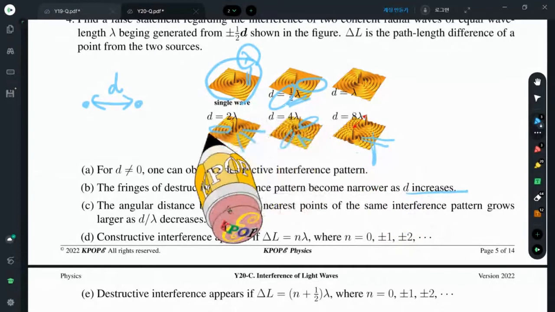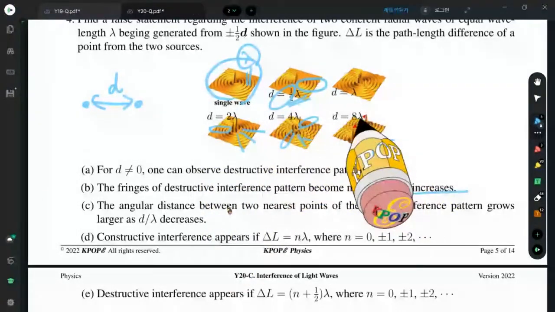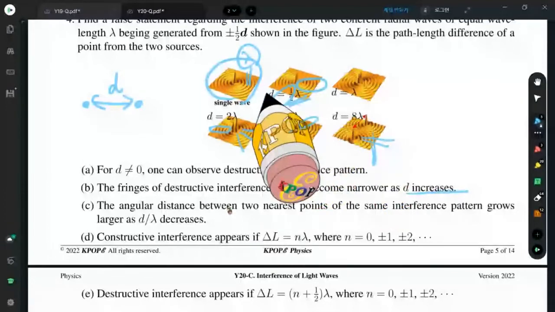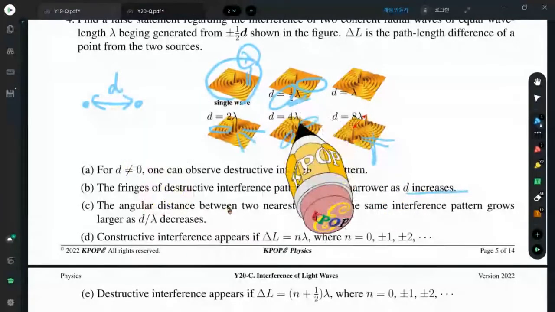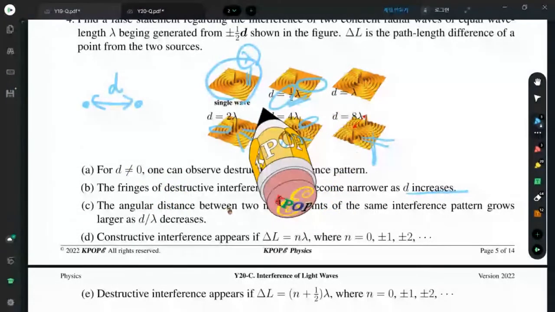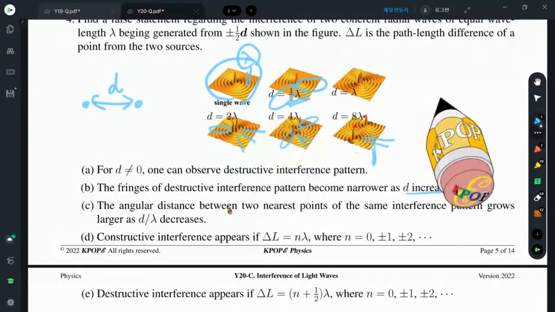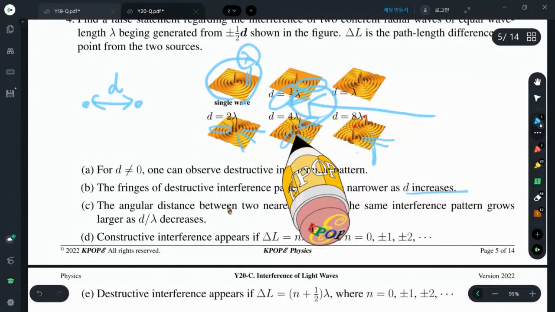So we say as we decrease the distance between the two sources, the interference pattern of the two waves becomes magnified. So from here to there, we can see the diffractive behavior.